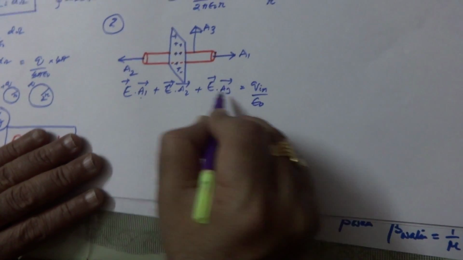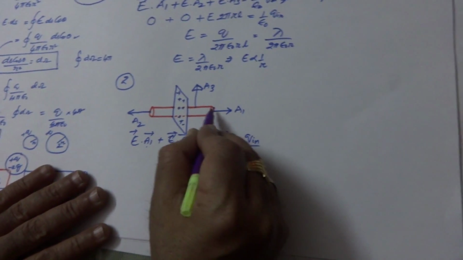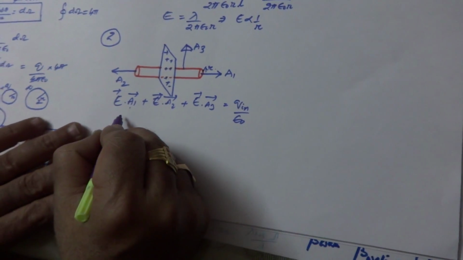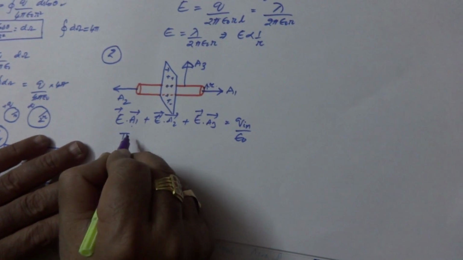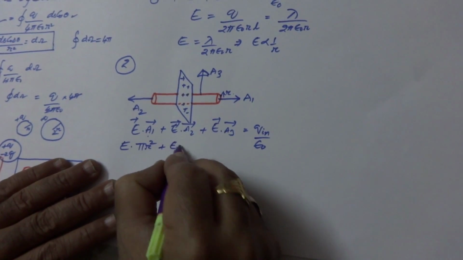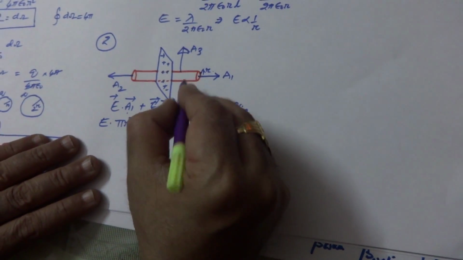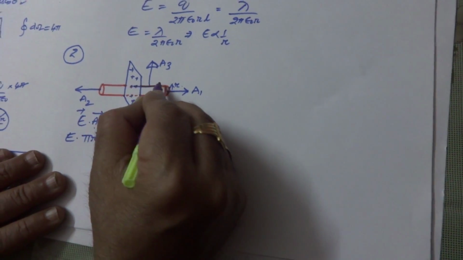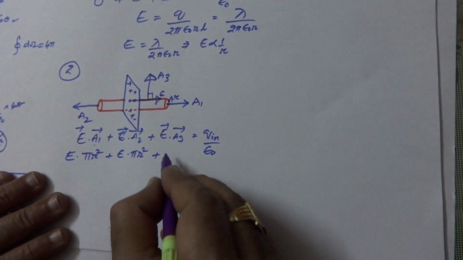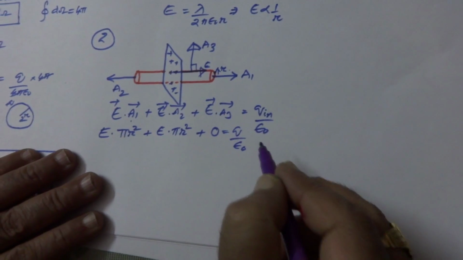Now A1 and A2 are equal to pi r square because it is circular, and the radius is r. So this will be E times pi r square and this will be E times pi r square, plus the dot product becomes 0. Why? Because this is the electric field vector and this is the area vector. The angle between those two is 90 degrees. Therefore, this dot product will be 0. Now, this will be equal to Q by epsilon naught.